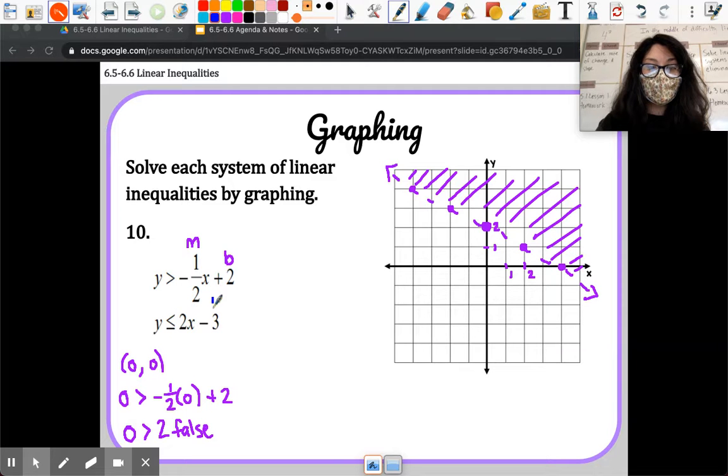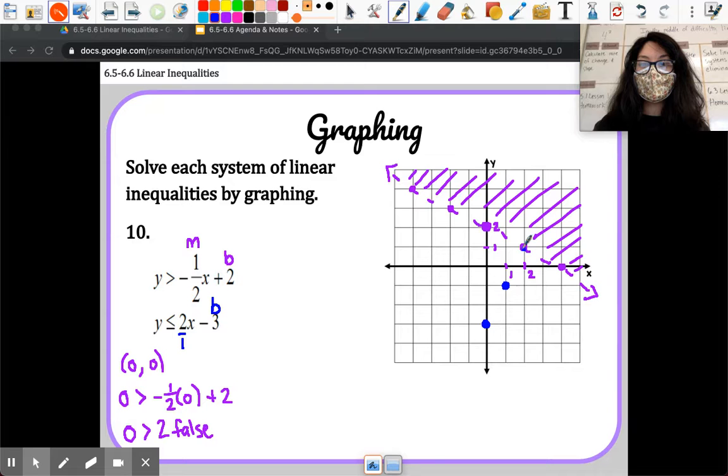I'm going to start at a b value, my y-intercept, down at -3. I'm going to make my slope a fraction so I can clearly see my rise and run. It has a positive slope, so I know that my line should rise when I'm done graphing it. So I'm going to rise 2 and go to the right 1. Notice I'm moving in such a way that if I connected those points, the line would rise. You always want to double check that against the sign of your slope.